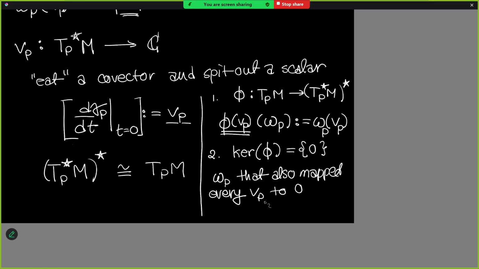But we know from linear algebra that the only member of the vector space that can do that is the 0 vector. So by contradiction, phi must be an injective map. There is a result that if the kernel of a map is just the 0 vector, then that map must be an injective map.